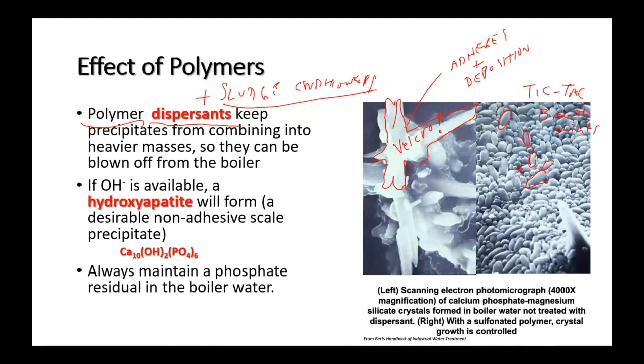Okay, so you can see they don't have the Velcro on them anymore. So basically, what we add is a compound that changes the way the crystals grow. The crystals still form, they still precipitate, but they take on a different shape that is non-adherent. So that's basically what sludge conditioners do. And the dispersants basically keep things well dispersed in the water so that continuous blow down and bottom blow off can actually discharge it from the boiler.